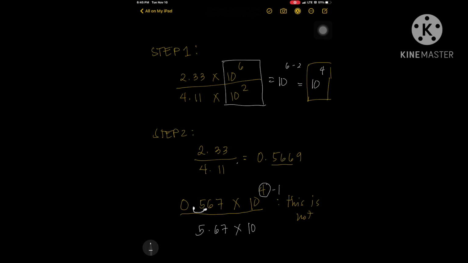So we have 0.566. We just need three decimals, so we will round it off to 0.567.